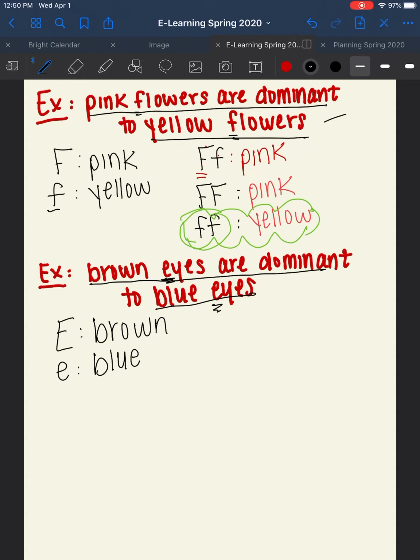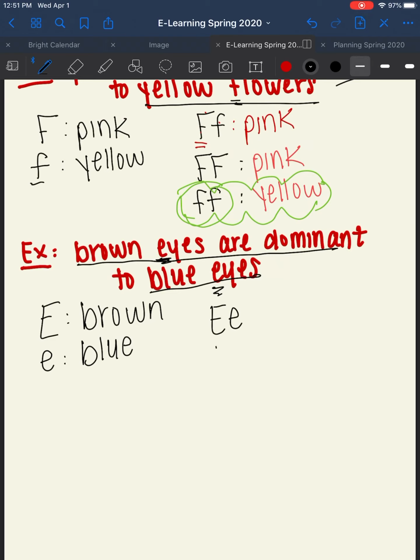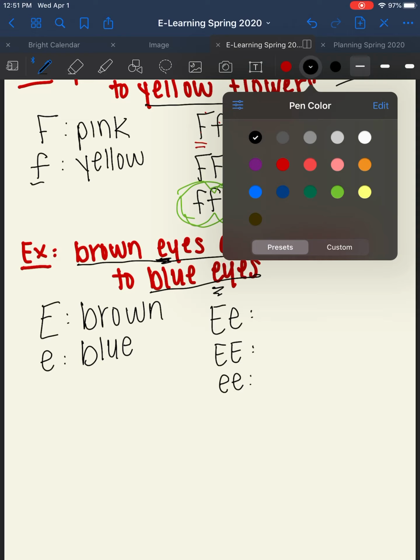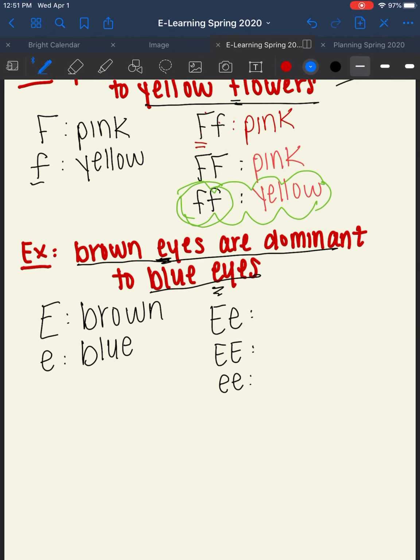Okay, so just like before, the three situations that you can experience are your genotype being heterozygous, homozygous dominant, or homozygous recessive. So let's see what phenotype, what physical appearance, will occur in these three situations.